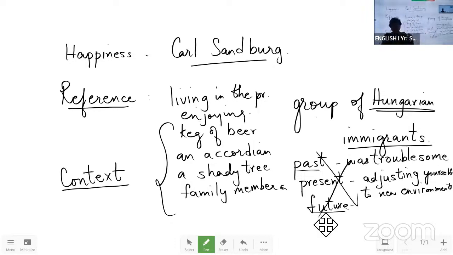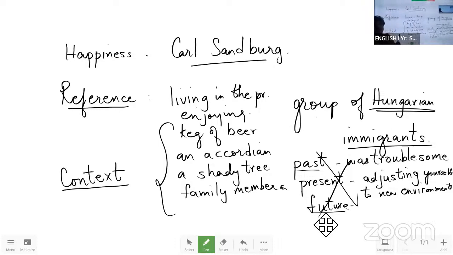This I'm telling you for your understanding. Please do not write it in the book. It is only that when the narrator, the poet was walking along the banks of Des Plaines River on one Sunday afternoon, he came across a group of Hungarians who had a keg of beer and accordion and were enjoying themselves with their near and dear ones, with their family members.